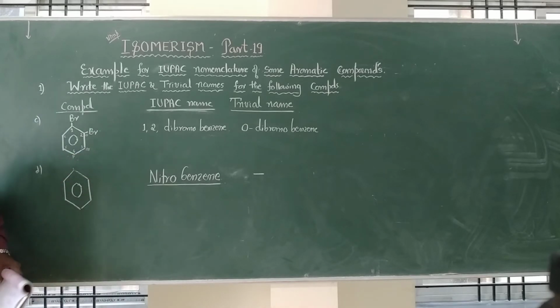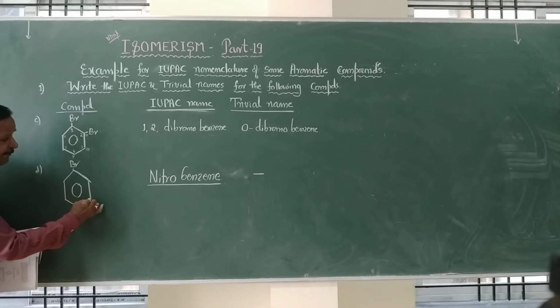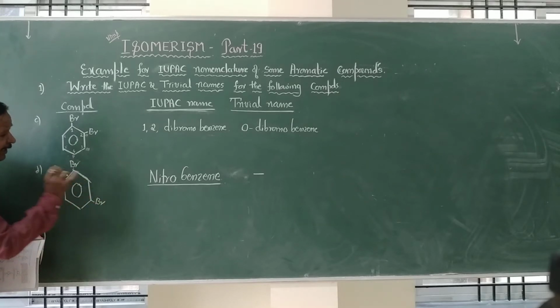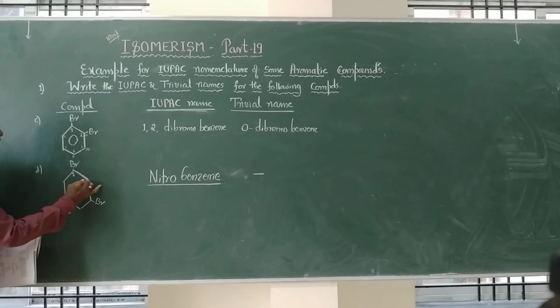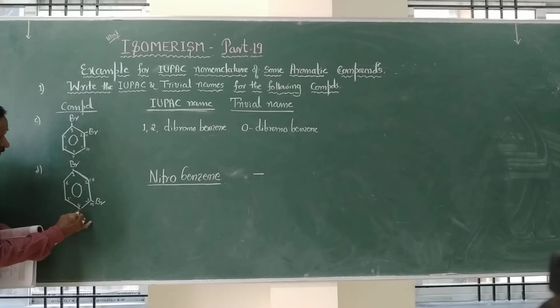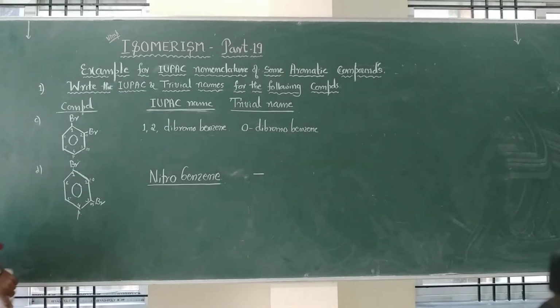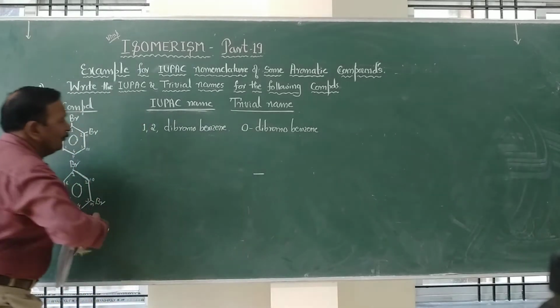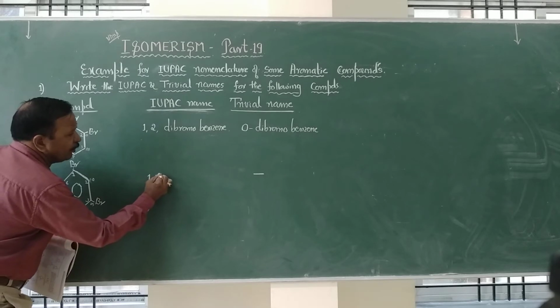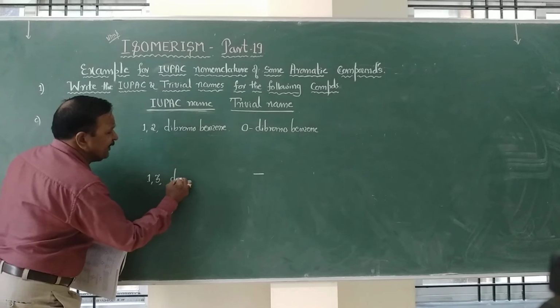And then if you take here Br, and here Br, if this is number 1, this will be 2, this will be 3, 4, 5, 6, clockwise direction. So this is ortho position, this is meta, this is para. And if you want the IUPAC name, that will be 1, 3, because on carbon 1 and carbon 3, 2 bromines are present.